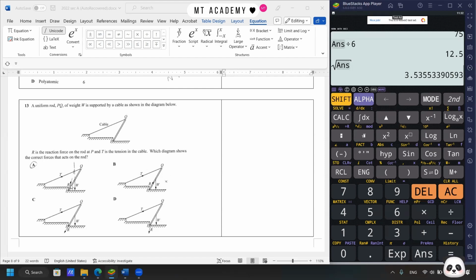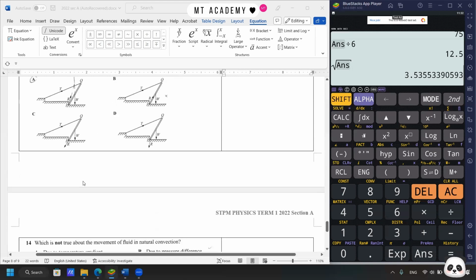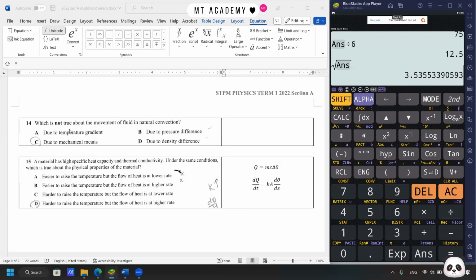So the answer here will be A, because no matter where we set the pivot point, there is a counter force which gives a different direction of torque to make sure the rigid body is in equilibrium.